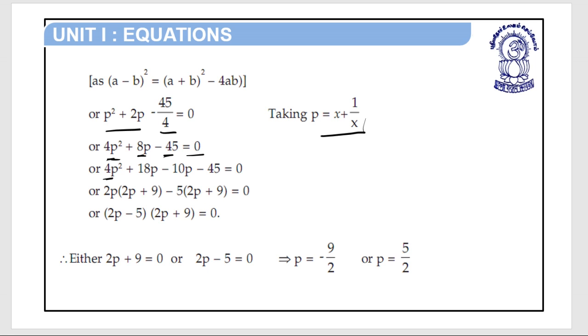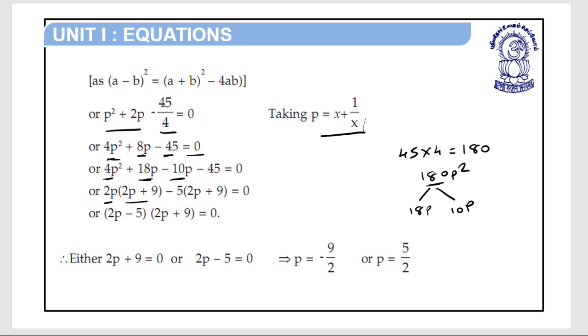Now 4 times 45 is 180. So we split 8p as 18p minus 10p, because 18 into 10 is 180 and 18 minus 10 is 8. So 4p square plus 18p minus 10p minus 45 is equal to 0.